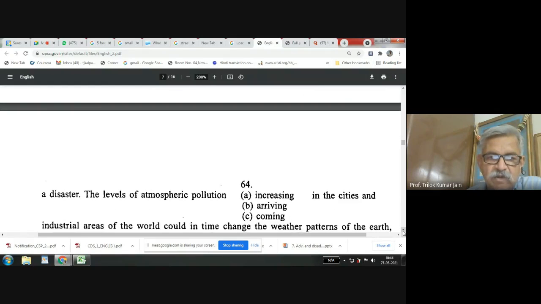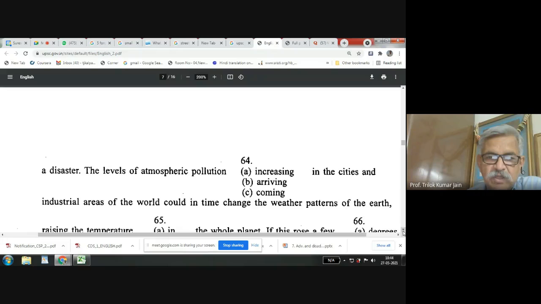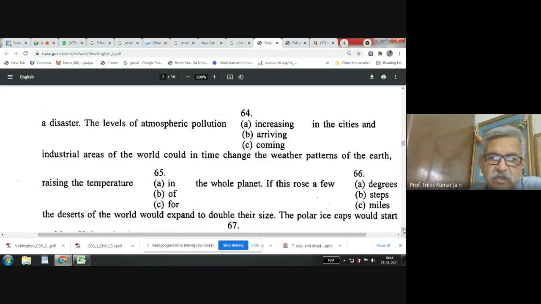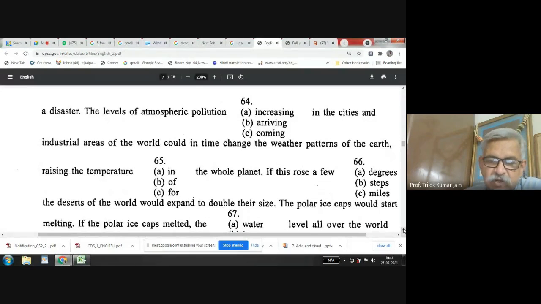The level of atmospheric pollution, increasing, correct. Increasing in the cities and industrial areas of the world could in time change the weather pattern of the Earth. Yes, raising the temperature in the whole world. A is the correct answer, in the whole planet.